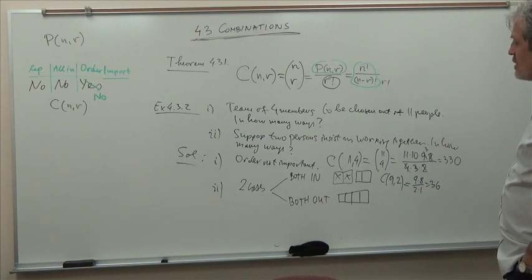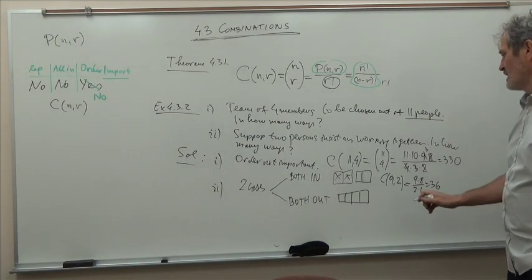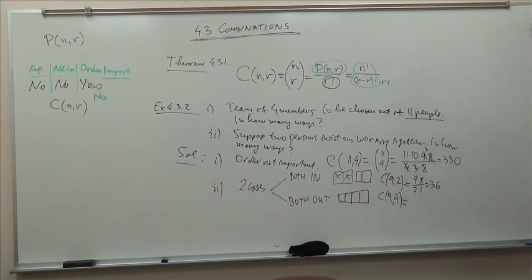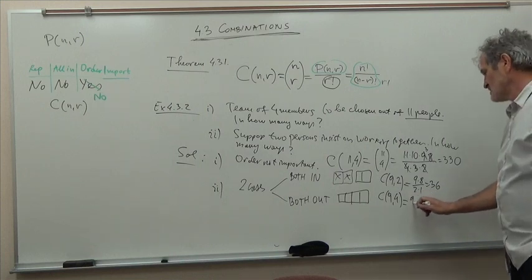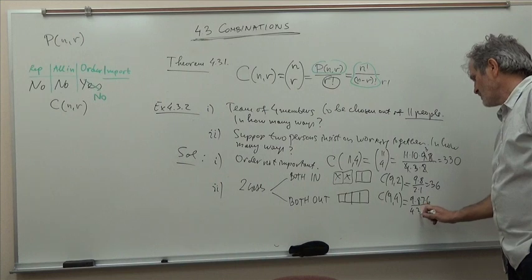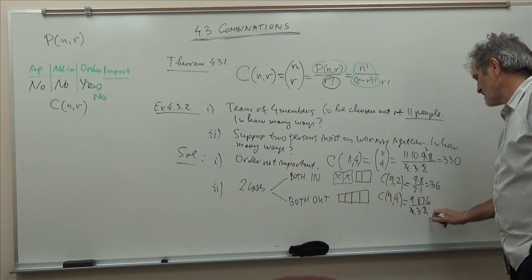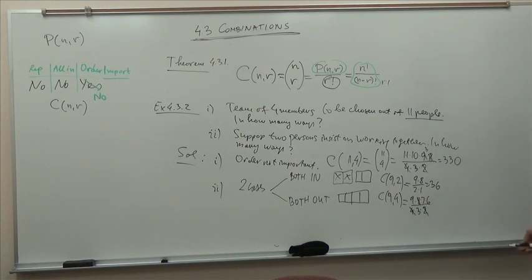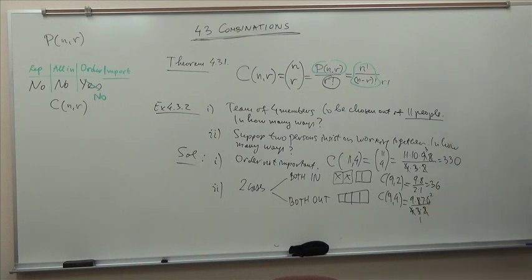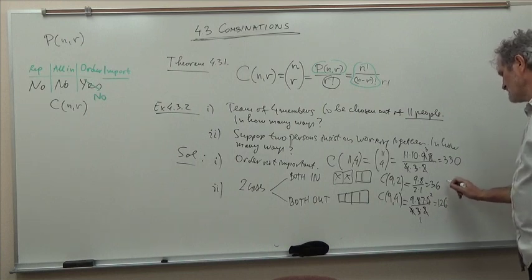For those teams, we just remove them from the list. So I now have 9 people, but now they all compete for 4 spots. So 9 times 8 times 7 times 6 over 4 times 3 times 2, again 4 cancels 8, 3 cancels 2, so that's 63 times 2, which is 126.